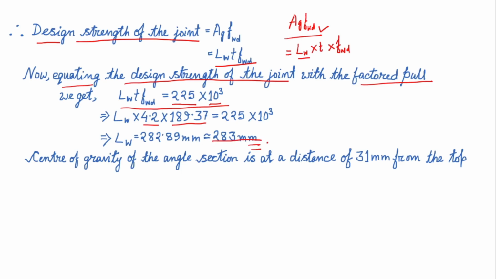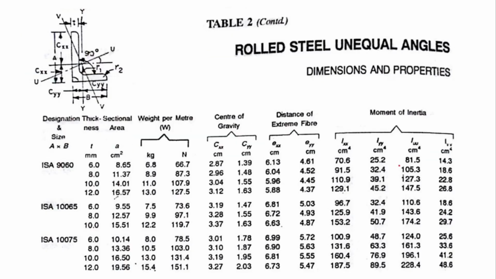Next, the center of gravity of the angle section is at a distance of 31 mm from the top. So how shall I get this value? If I follow the steel table, for rolled steel unequal angle, the dimensions and properties are given. Why unequal angle? Because it is ISA 175, where one leg is 100 mm and the other leg is 75 mm in length.